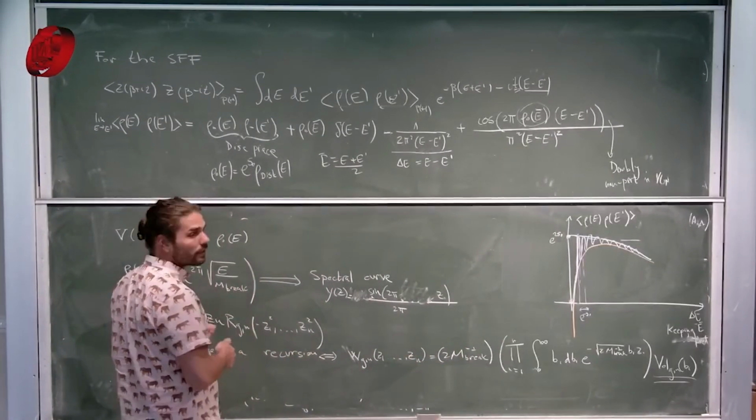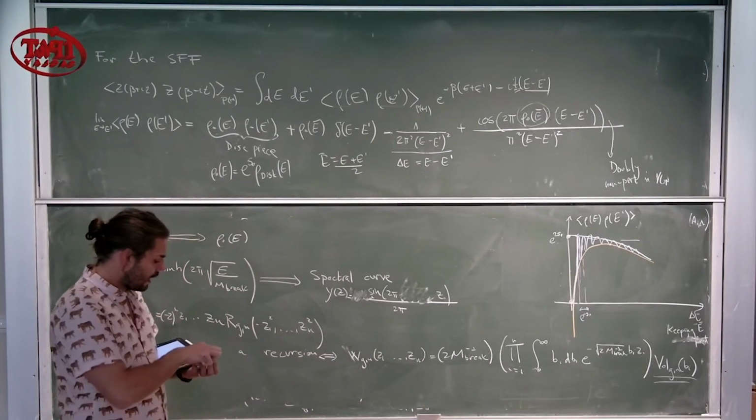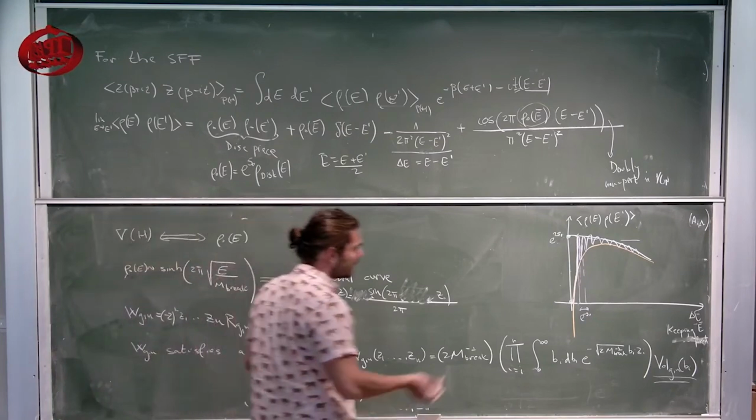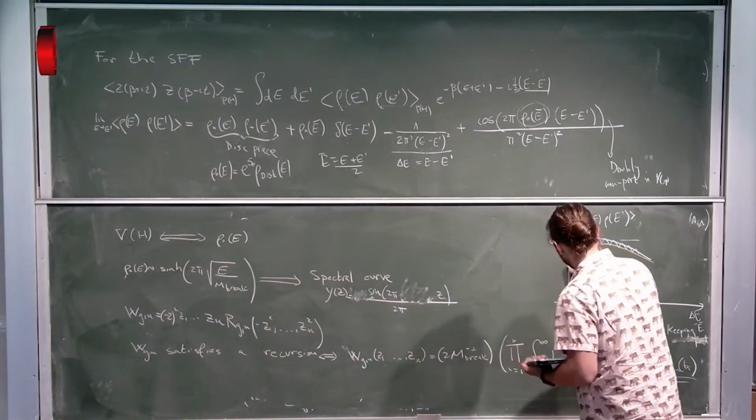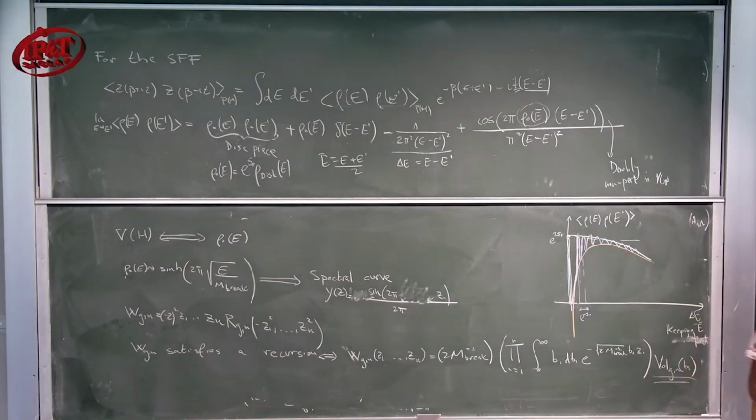Well, what happens with the delta function? The delta function is here, and the meaning is somewhat obvious: if I set an eigenvalue to have energy E, I of course will find another eigenvalue there if I set E prime equal to E, because I already forced an eigenvalue to exist at energy E. The prefactor is e to the power 2s.